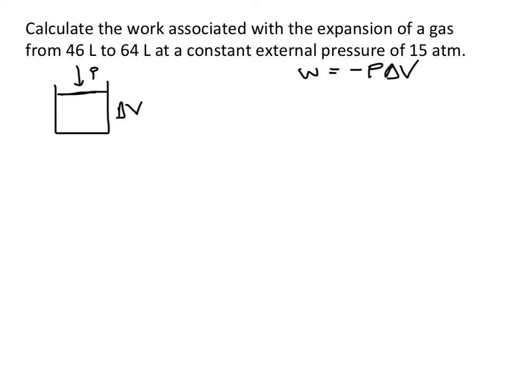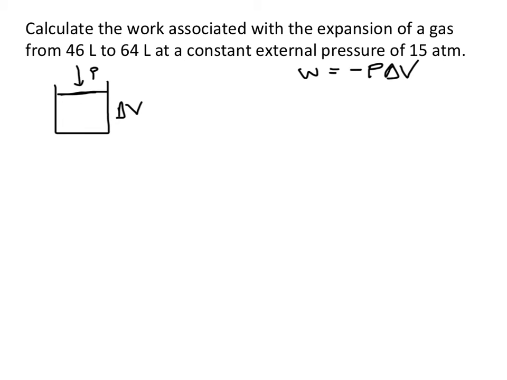So if we're looking at a system in which we have a gas inside a piston, it's going to change in some way. It's either going to expand and work against an external pressure, or it's going to decrease in terms of its overall volume. Okay, it's going to compress based on its interaction with an external pressure.